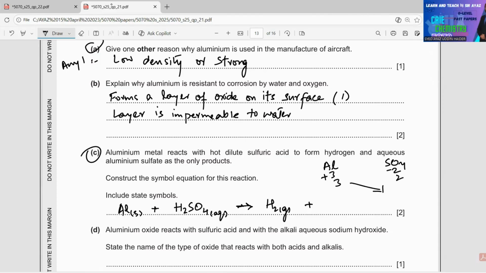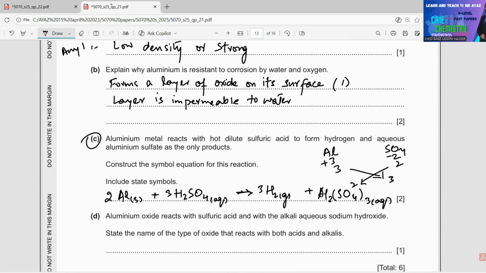These subscripts will be exchanged and we will be getting Al2(SO4)3, and for this one you will write aqueous. Let's balance the equation. For aluminum I will write 2 before Al on the reactant side. For H2SO4 I'm going to write 3 before it and 3 also before H2. Now this reaction is balanced.